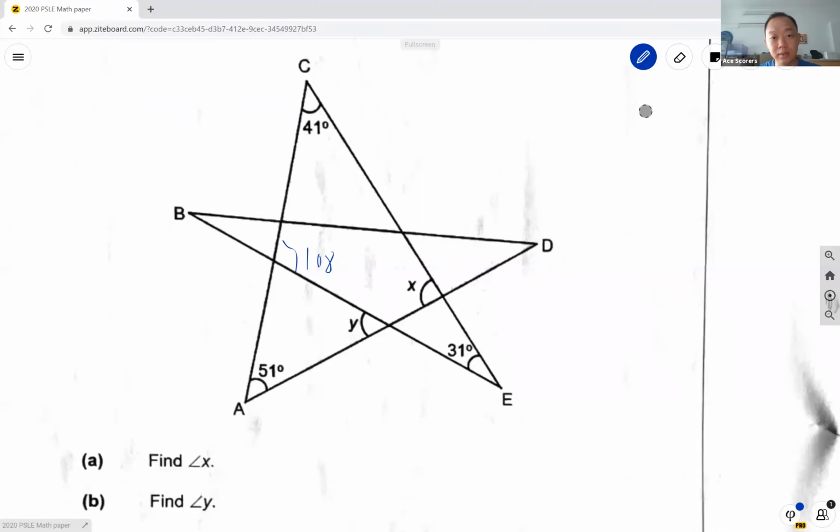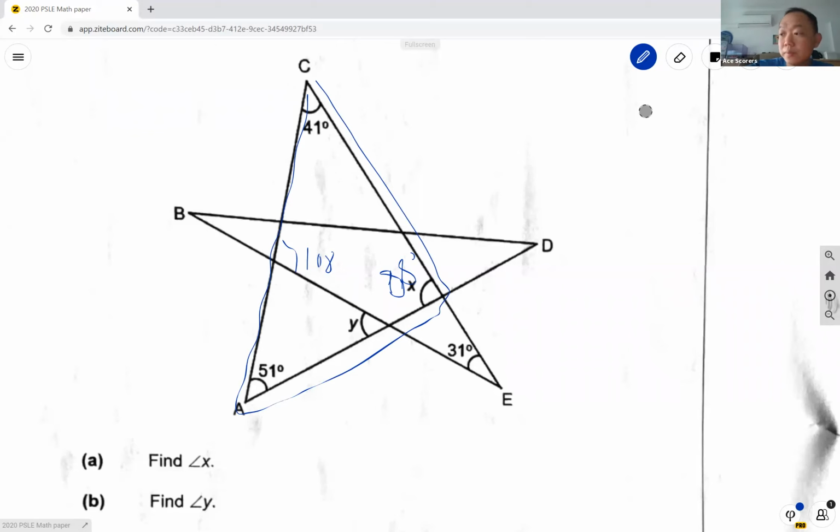Oh, actually x, I should take 180 minus 41 minus 51. It's 88. Right, so this 88 degrees right here. Because this whole thing forms a triangle, so I just want to take the angle sum of triangle.